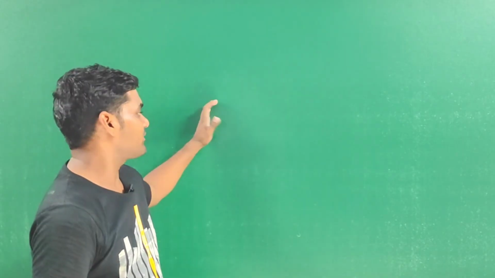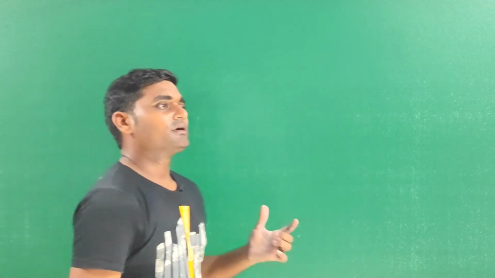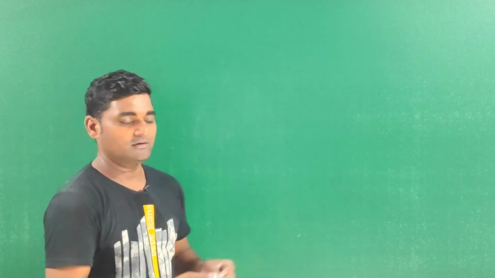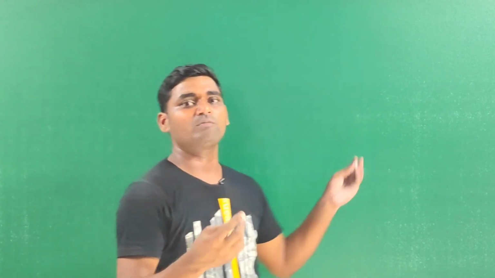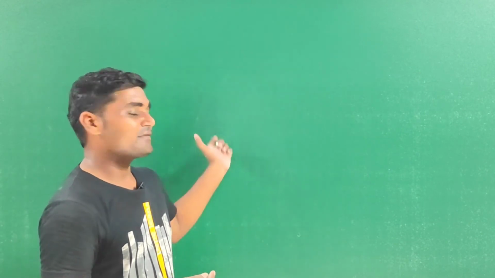As we have already seen in the last example, when we put the value of the limit, we get the function in the form of 0 by 0 and so on. So these types of forms are indeterminate forms, right?